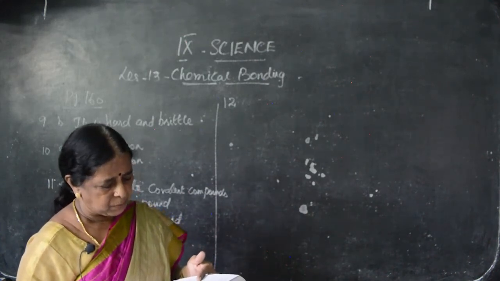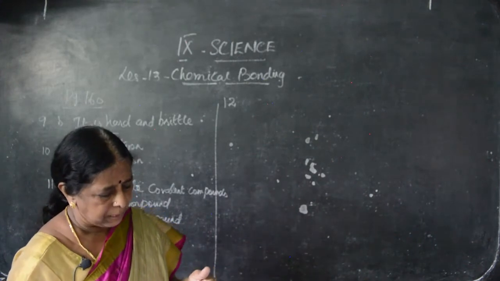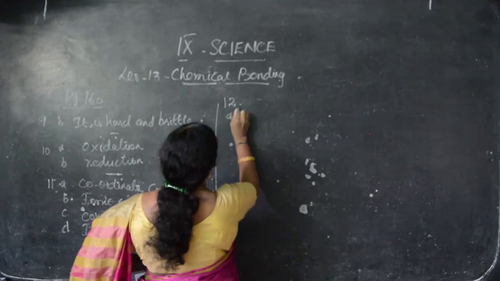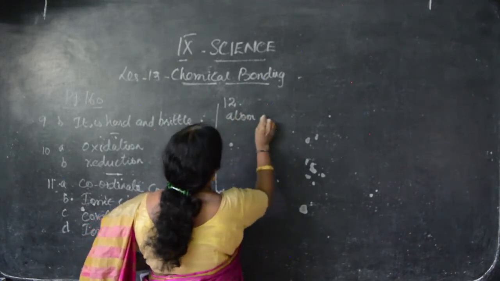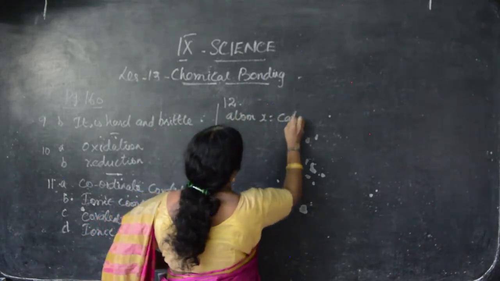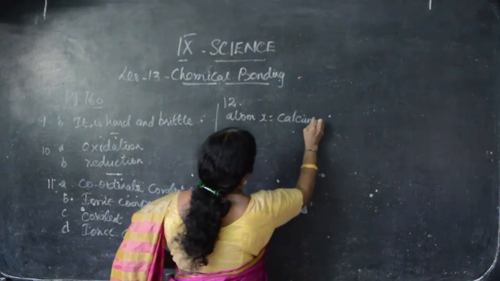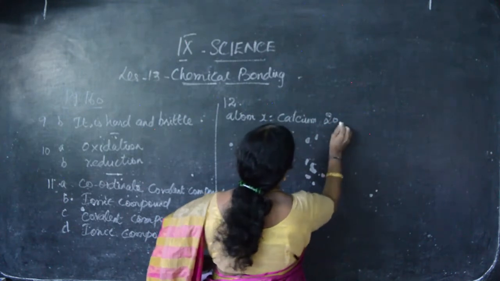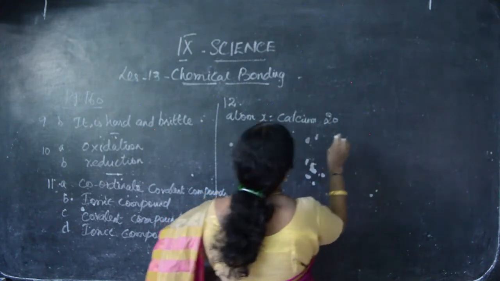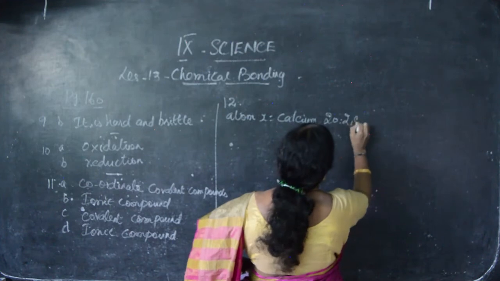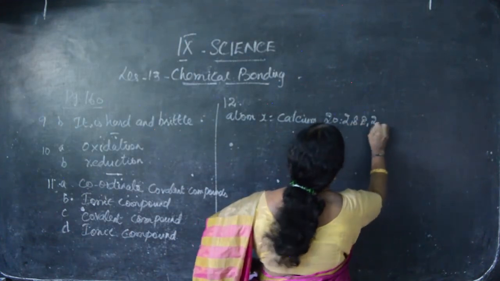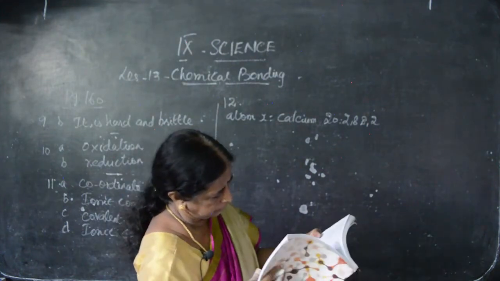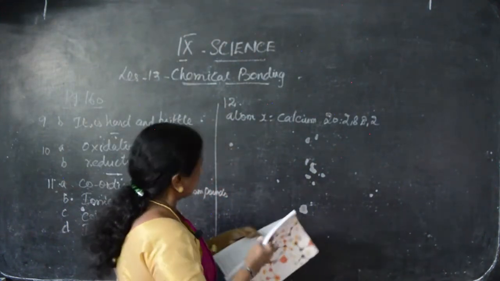Draw the dot structure for the formation of molecule X and Y. So, atom X, calcium, electron number 20, we have to arrange as electronic configuration 2, 8, 8, 2.